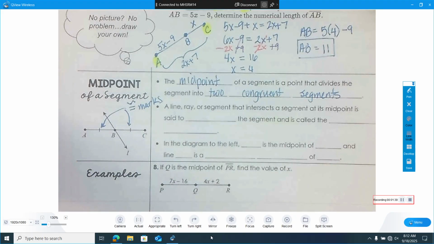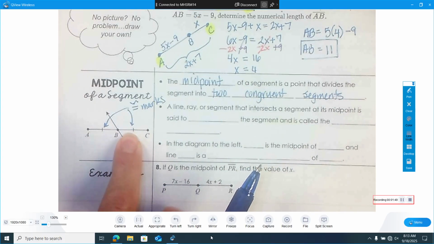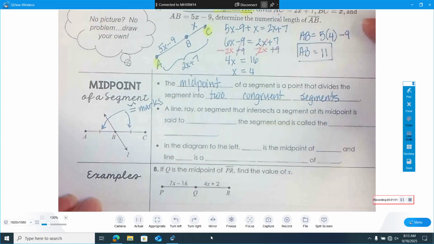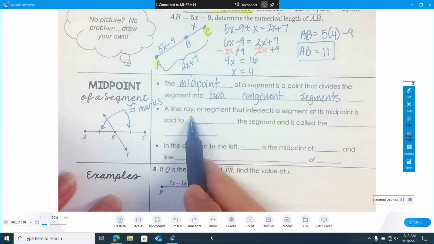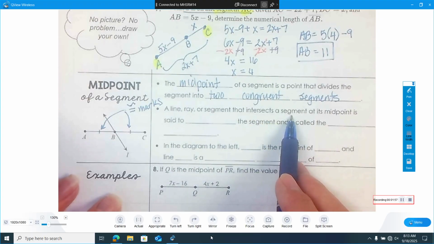If they had measurements, they might both be 7 centimeters or 13 millimeters. Whatever they are, that one's 13 and so is that one. They're the same length.